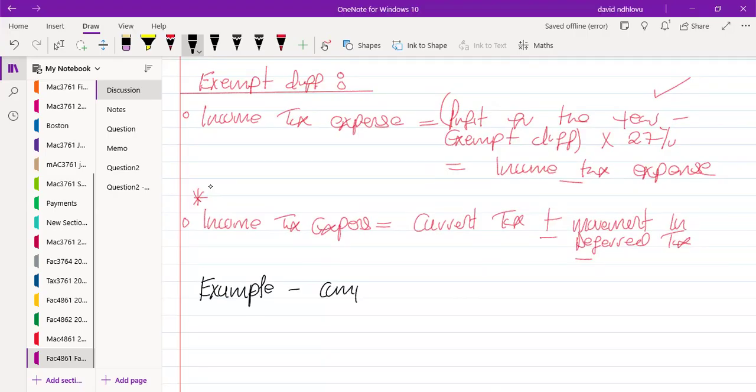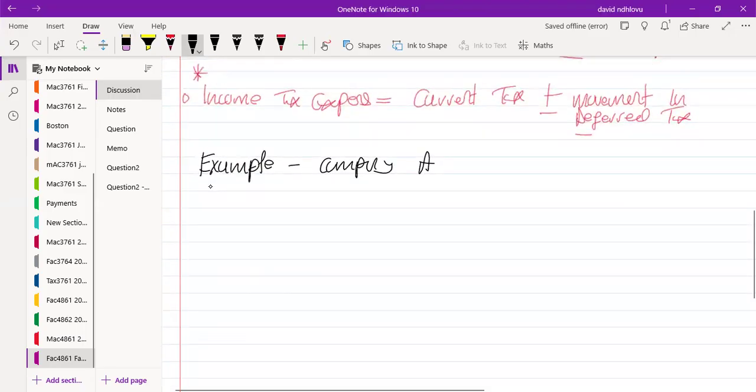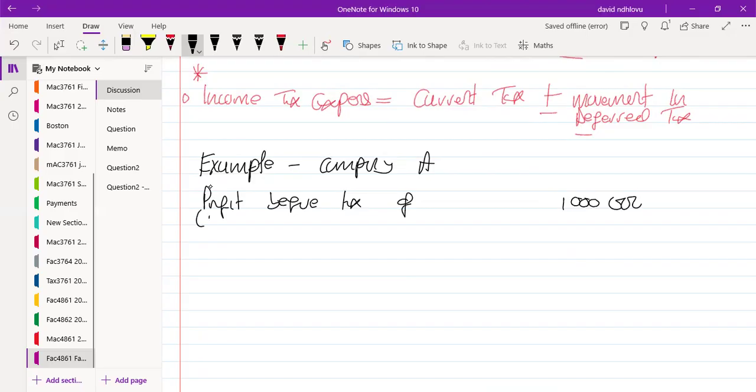Right, let's say we've got company A. Right, let's say company A has got profit before tax, right, of 1 million. This is after taking into account the following. Right, so after taking the following into account.